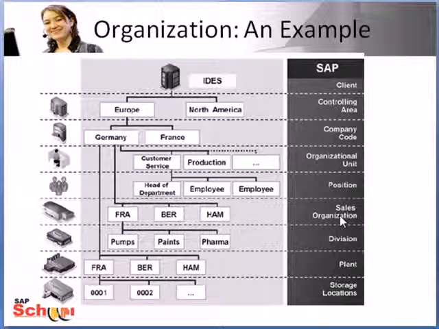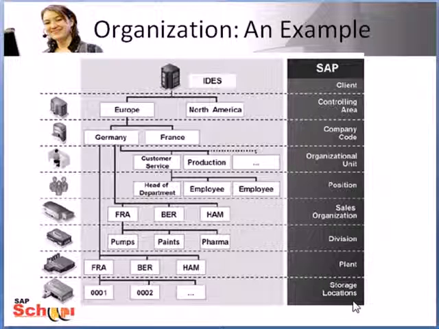A sales organization is the central organizational element in sales order management that controls the terms of sale to the customer. A plant can manufacture products, distribute products, or provide a service. The plant is the central organizational unit for production.